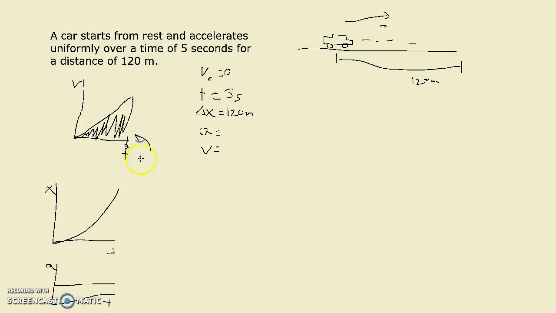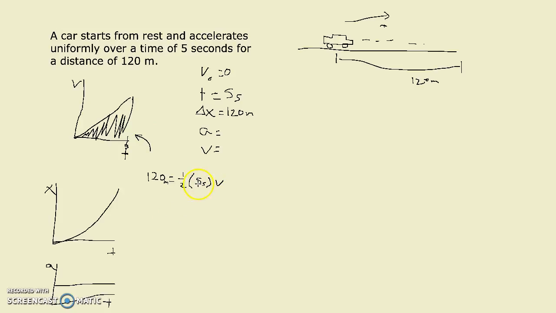And the displacement in this case is 120 meters. So we'll say that 120 meters is equal to the area of this shape, which is a triangle, so that'd be 1/2 times the base, which is the 5 seconds, and then the height would be whatever our final velocity is.